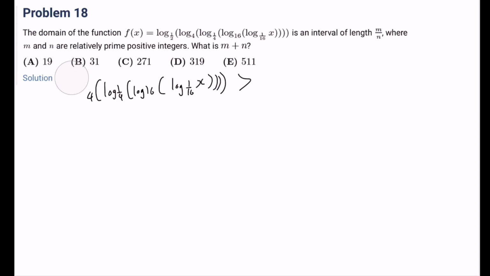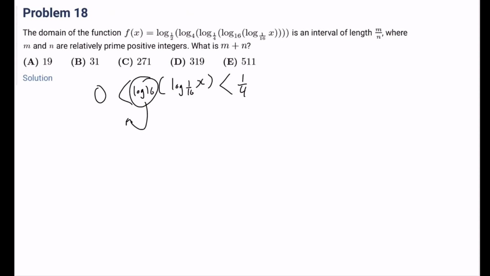So that means if we take that away, then this is going to be greater than 1. And for the log base 1/4 of something to be greater than 1, that means that this thing inside has to be between 0 and 1/4 to the first power. So that's going to give us that this is between 0 and 1/4 to the first power, that's just 1 over 4, right?